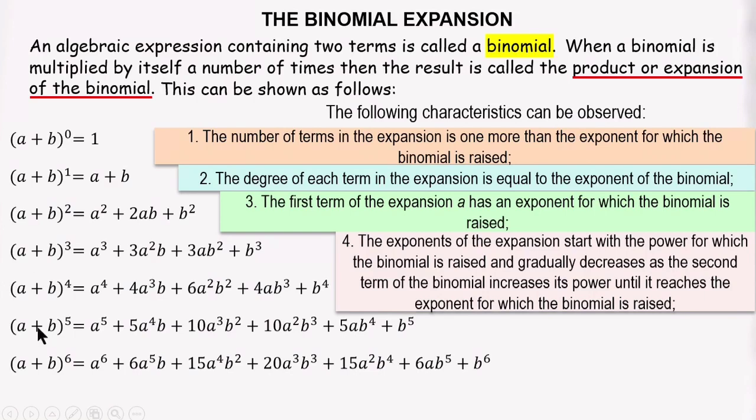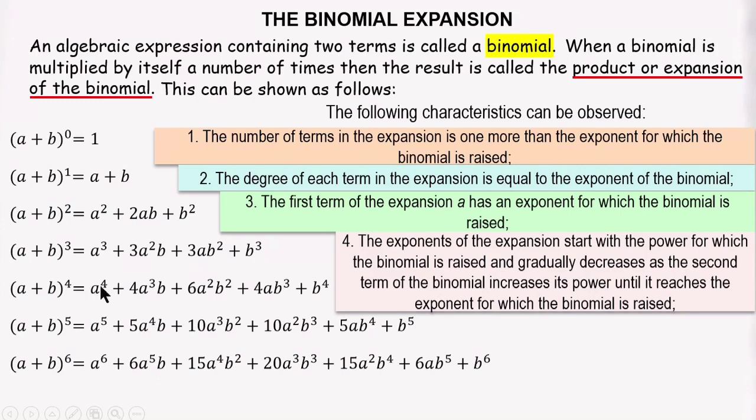In this binomial, the first term is a and the second term is b. The exponent of the first term gradually decreases. For example, when the exponent of the binomial is 2, the exponent of the first term is also 2, then it becomes 1. When the exponent is 3, the exponent decreases from 3 to 1.